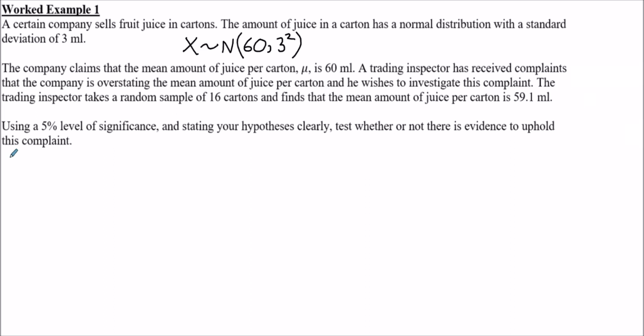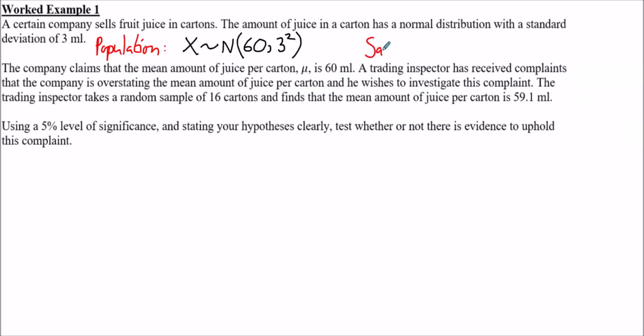So, first of all, we need to realise that a sample is being taken. So this here is for the entire population. So that's the distribution of juice amounts for all of these cartons. But now we're talking about a sample.